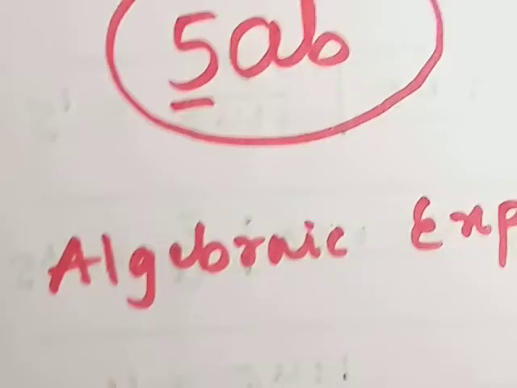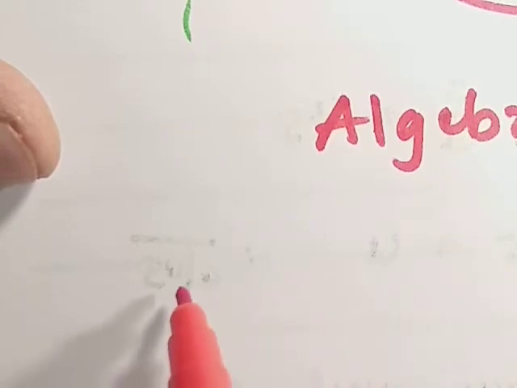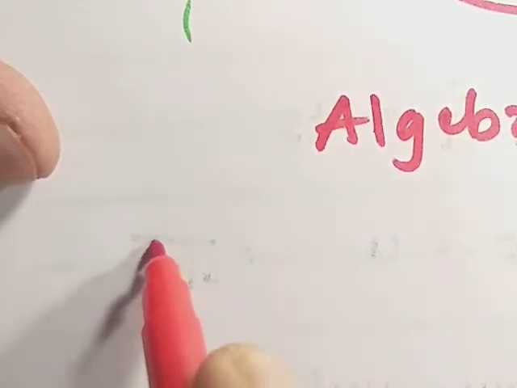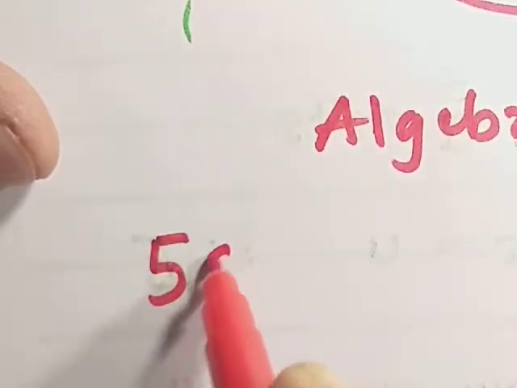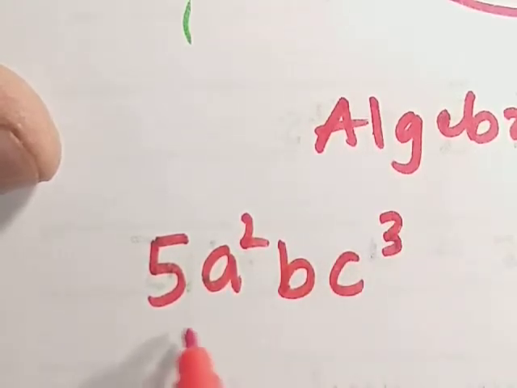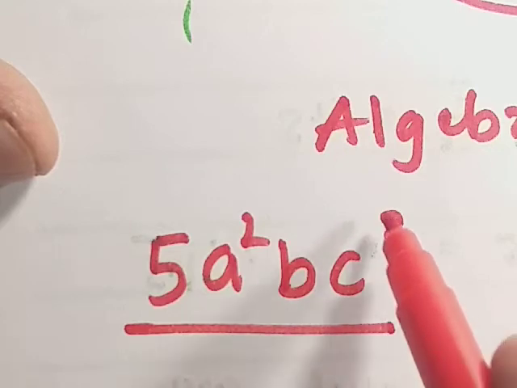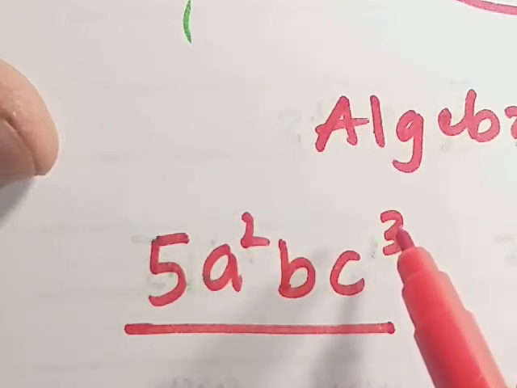Similarly, when we go on writing various different algebraic expressions, say for example 5a square b c cube, 5 is called as numerical coefficient, a square b c cube, all of them are variables.